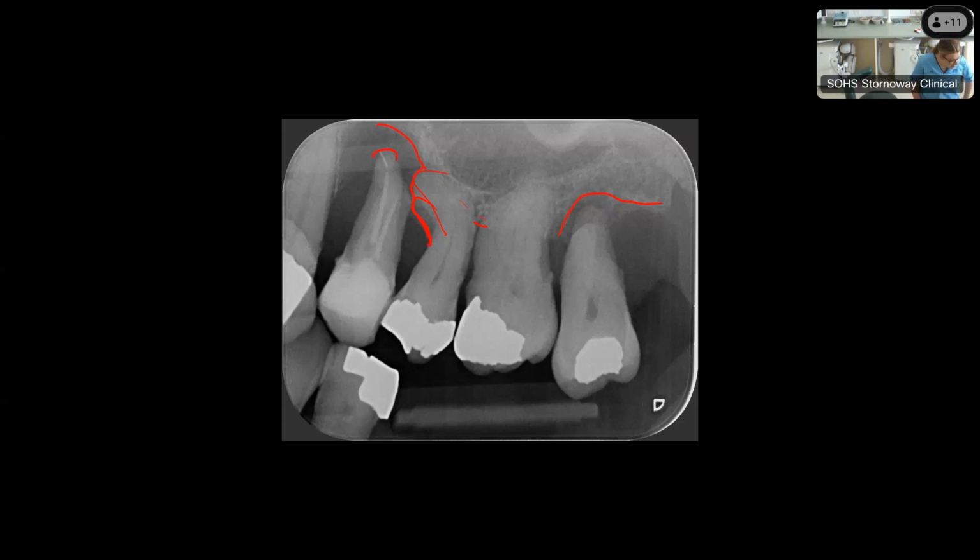Anything else pathology-wise people want to mention? Flora? It looks like there may be some calculus spurs. I'm just thinking sort of the mesial of the 2-4.